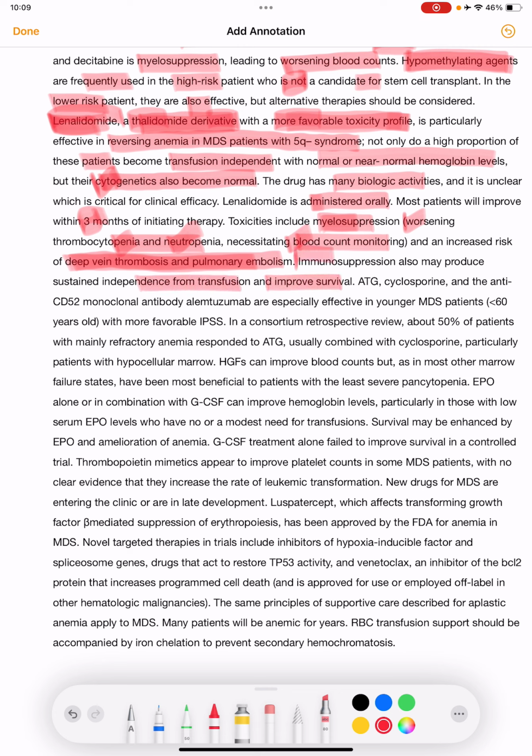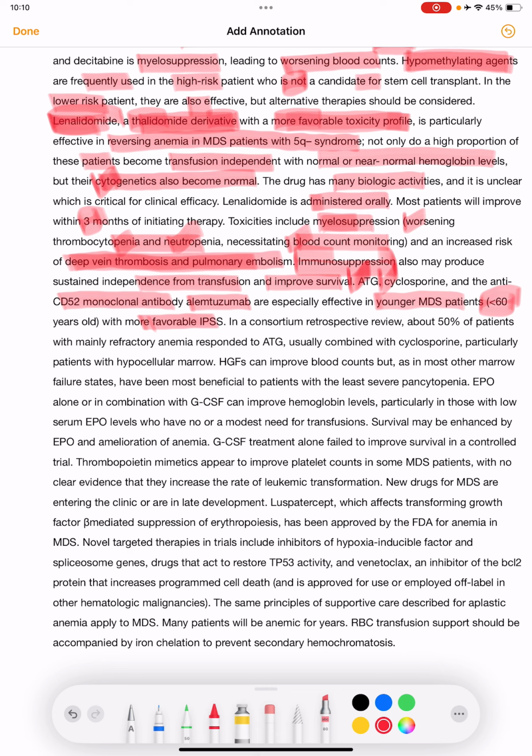Apart from this, we can also give immunosuppression, so this may produce independence from transfusion and improved survival. So what can we give? ATG, anti-thymocyte globulin, cyclosporin, and anti-CD52 monoclonal antibody alemtuzumab. So these are especially effective in younger MDS patients. Younger means less than 60 years old with more favorable prognostic score.